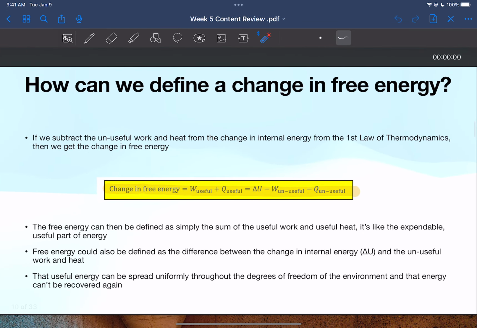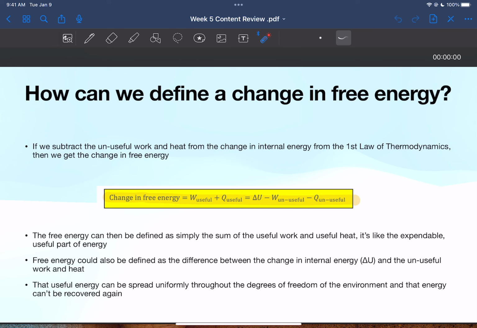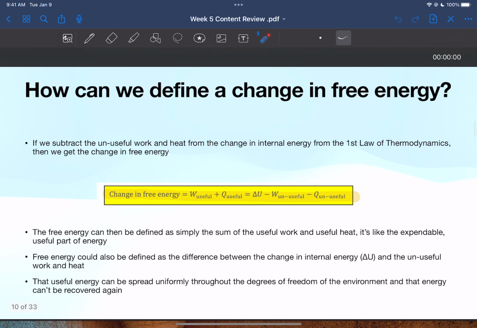How can we then define a change in the free energy? Well, the change in the free energy can be defined as such. If we subtract the unuseful work and the unuseful heat from the change in internal energy, then we get the change in free energy.